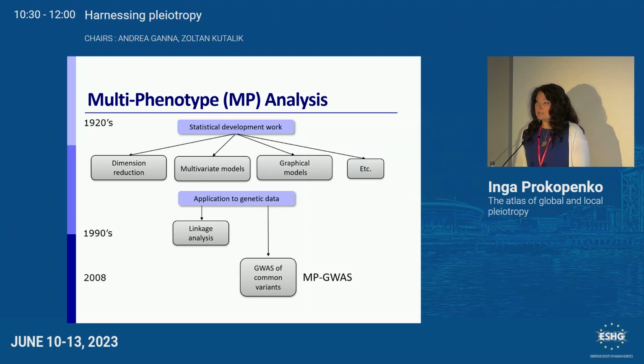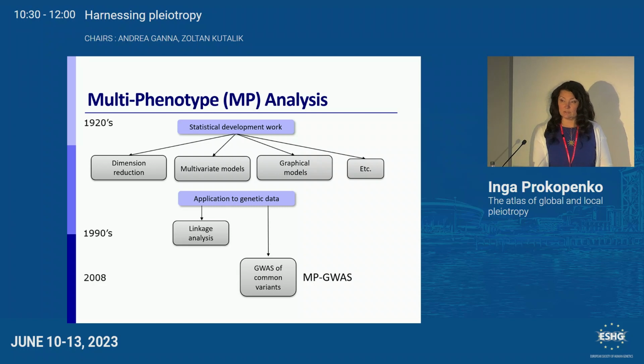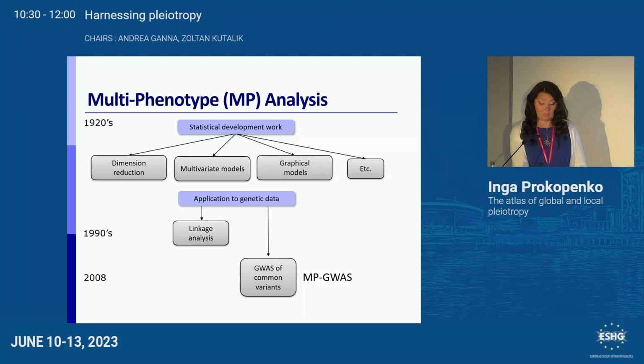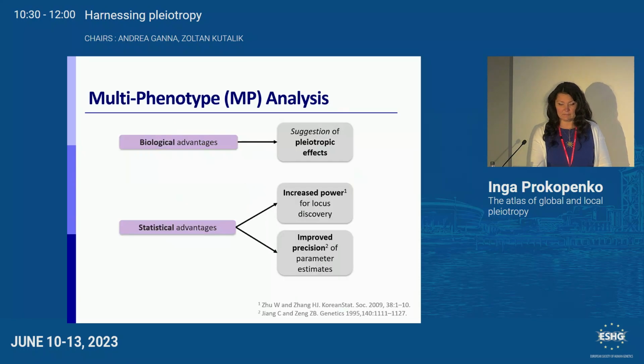So in the 90s, we started to work with linkage analysis, and it was successful for rare phenotypes. For common phenotypes, it was largely unsuccessful. And recently, we have been lucky to have an ability to analyze a variety of common phenotypes and focus on common variants.